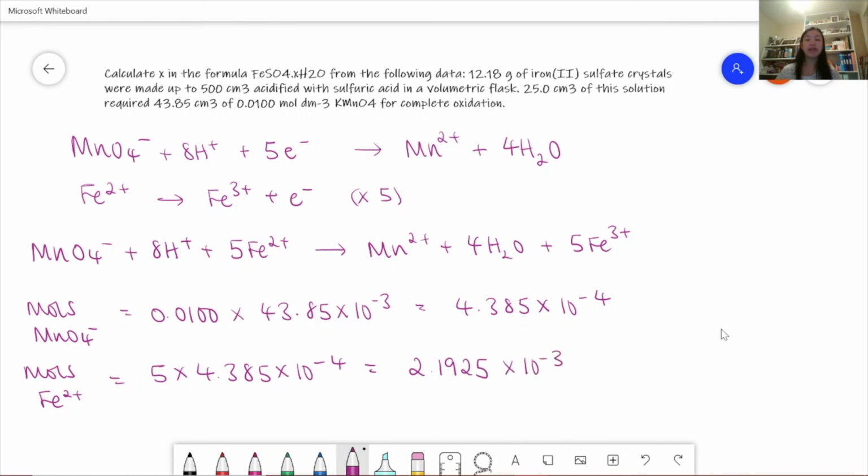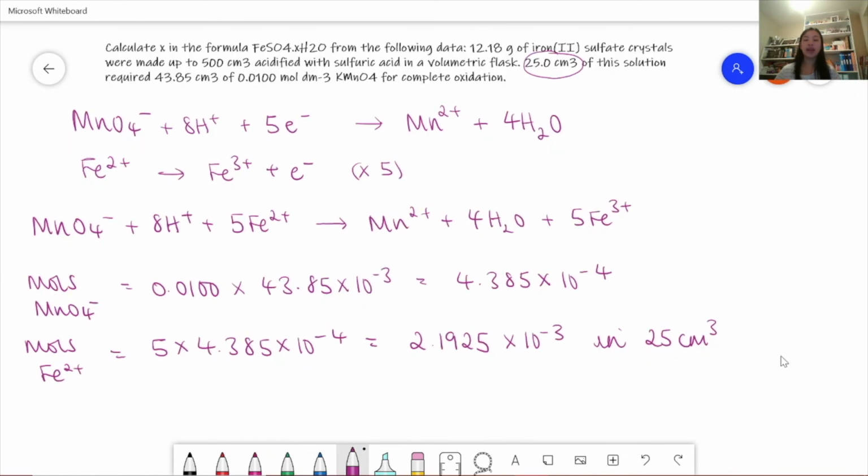And now we need to remember that this is just in 25 centimeters cubed. Because in the question, we only titrated 25 centimeters cubed of this FeSO4.xH2O with the manganate. And so this means that we need to multiply this number in order to get it to 500 centimeters cubed, like how it was originally.